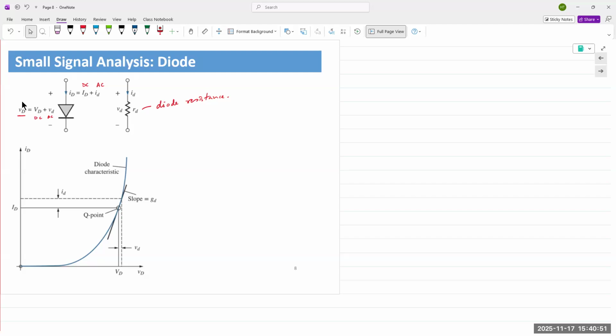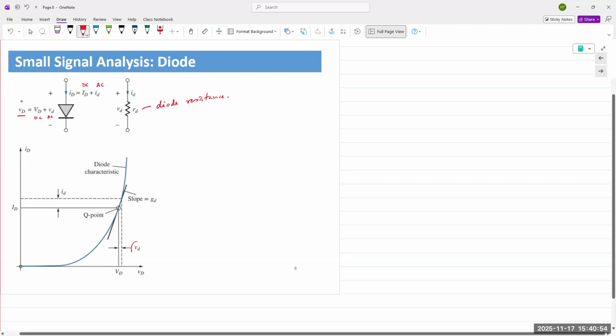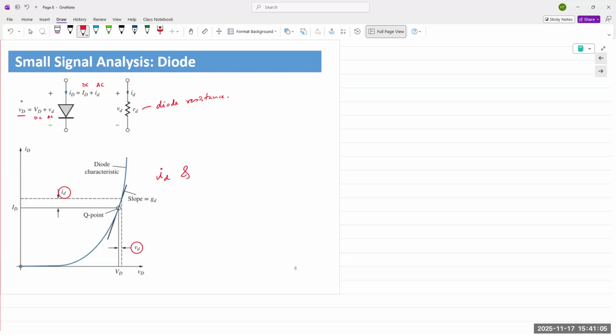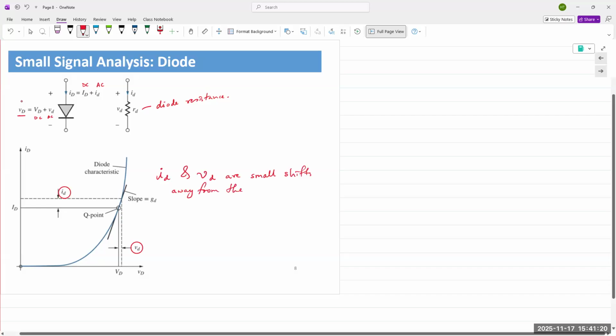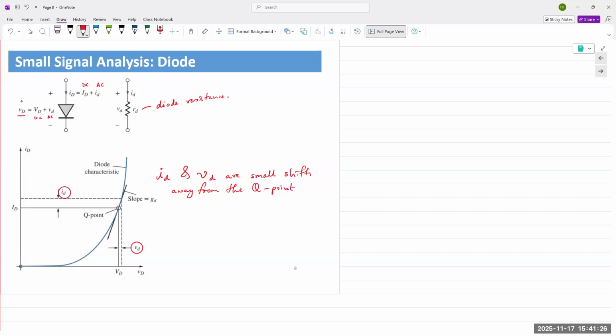So ID and VD are small shifts away from the Q point. The shifts here are exaggerated for effect.